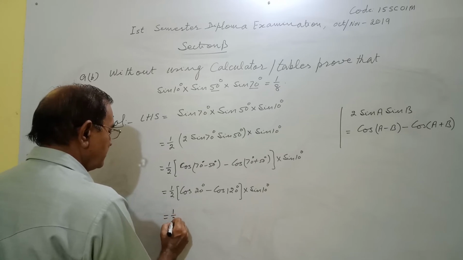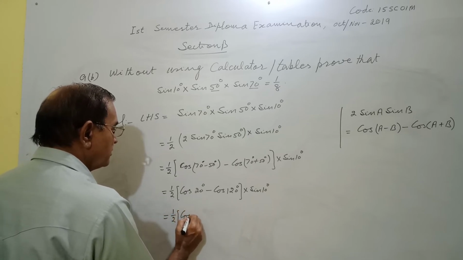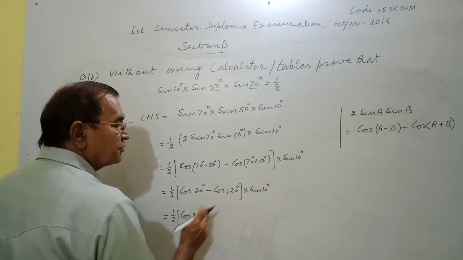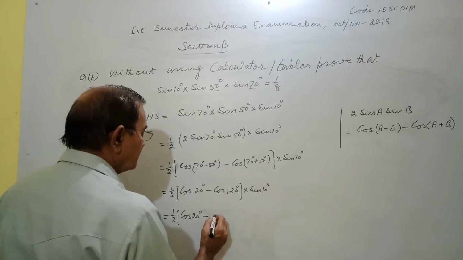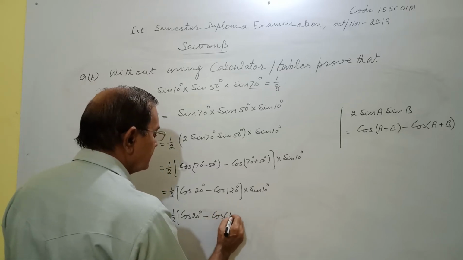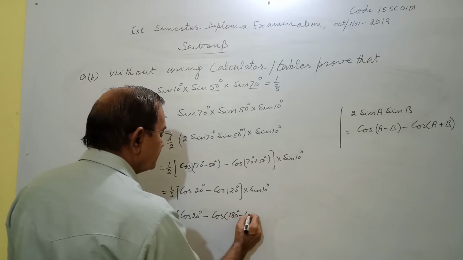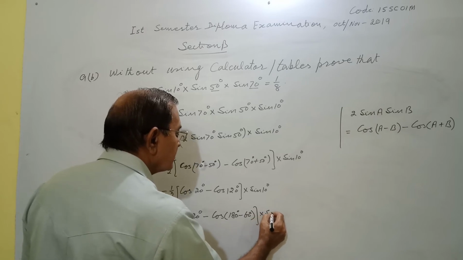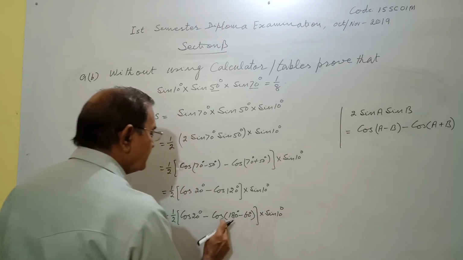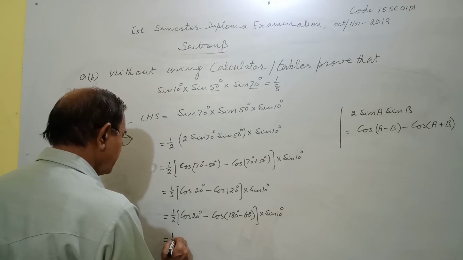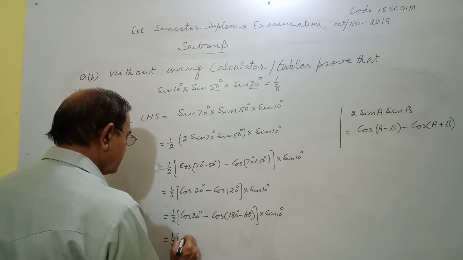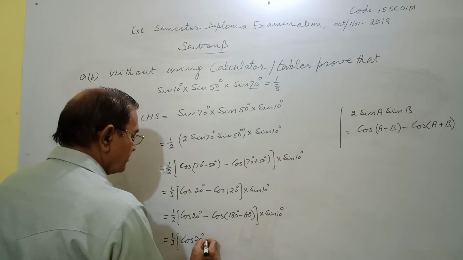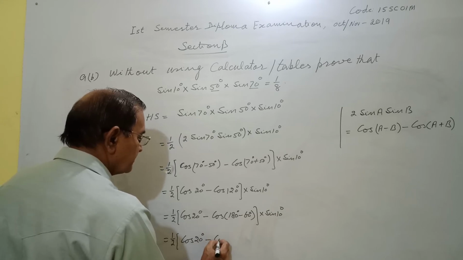Equals 1 by 2 cos 20 degree minus cos 120. Cos 120 can be written as 180 minus 60, second quadrant. In the second quadrant cos is negative, so we get minus of cos 60.